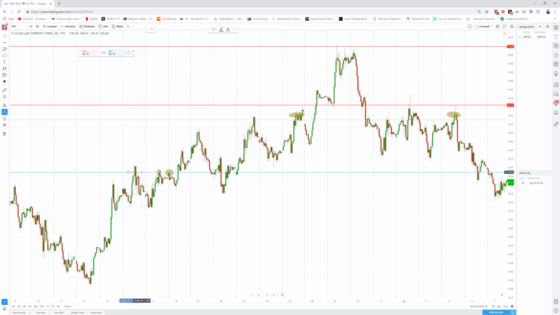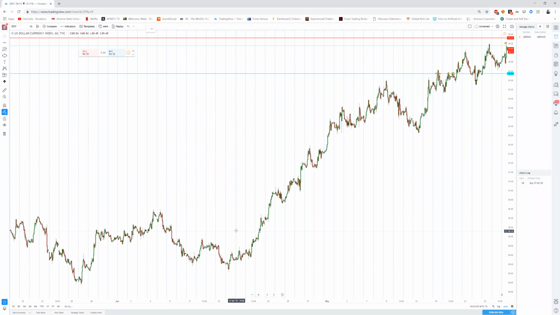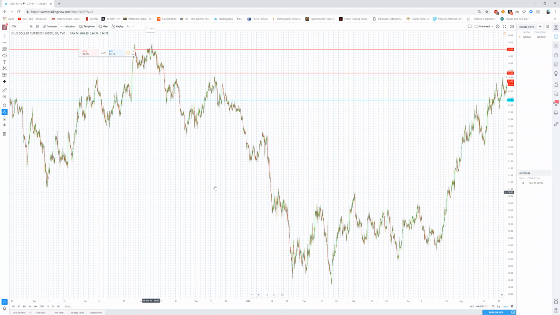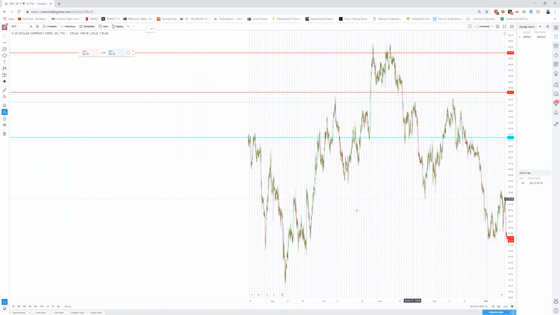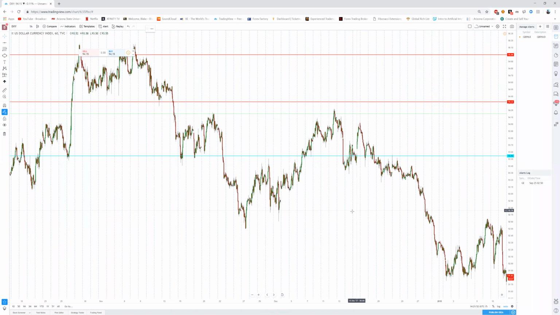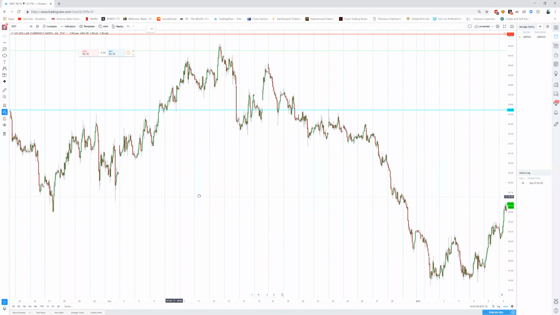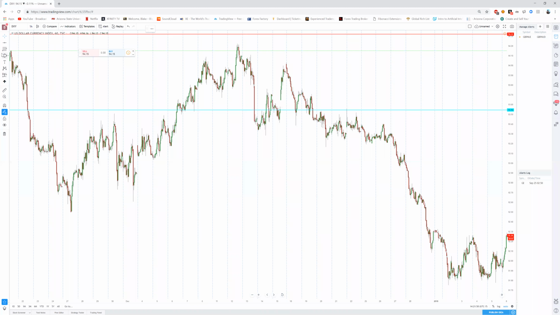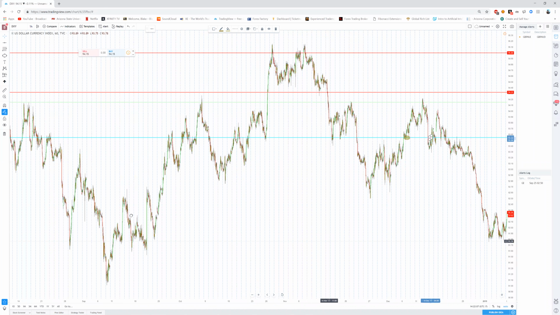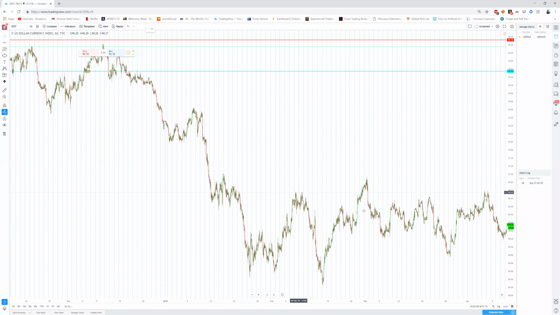These are both good. We can see a couple more here. I would say this is enough confirmations, especially for the DXY, which is just an index. It's not an actual pair, to determine that this is at least a PRP.